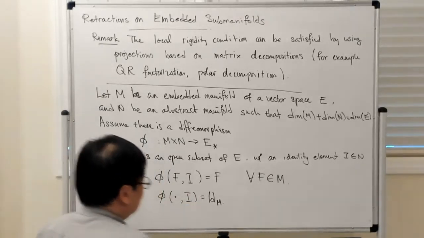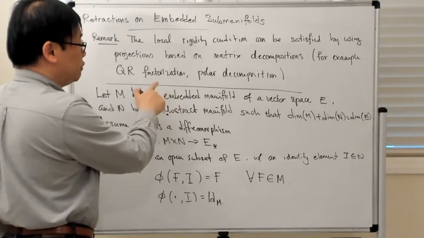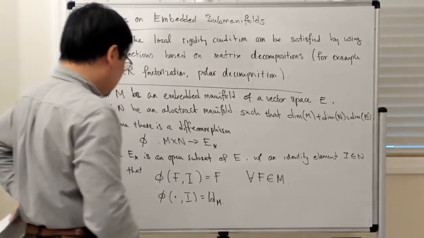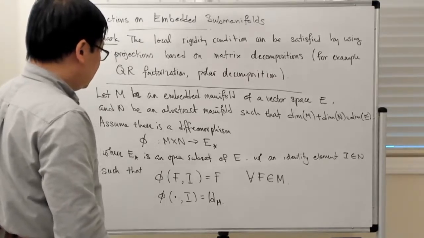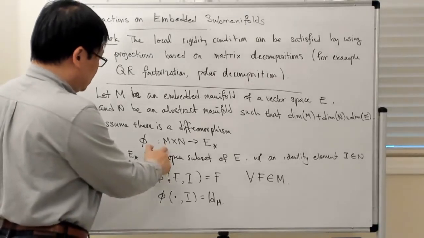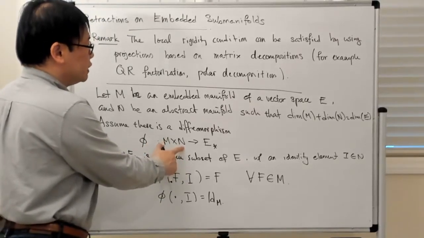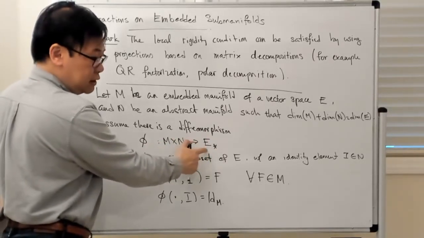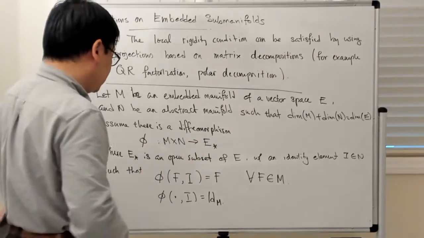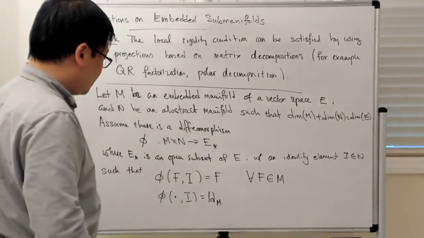In the context of this earlier remark about matrix decompositions, say if M and N are the Q and R factors in the QR factorization, and this is the general linear group, then this map is usually just matrix multiplication.